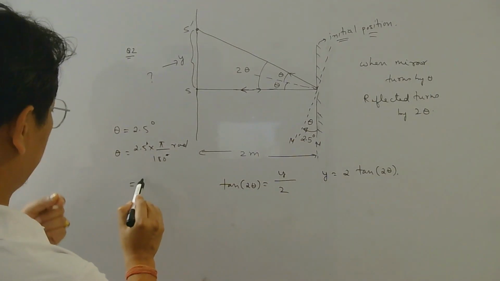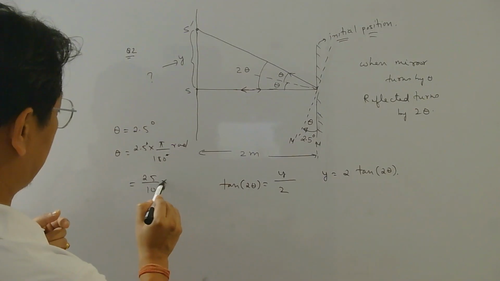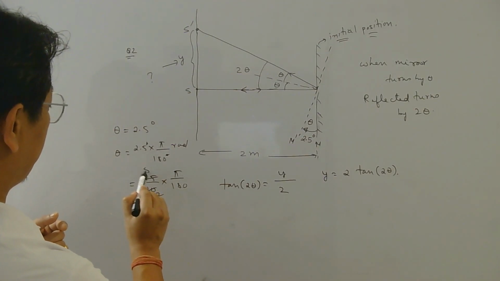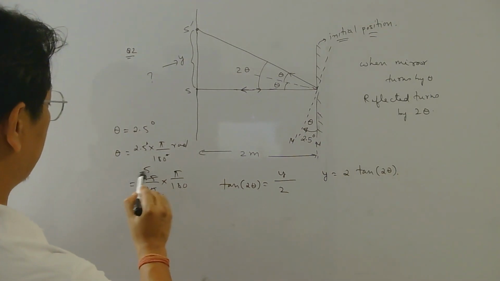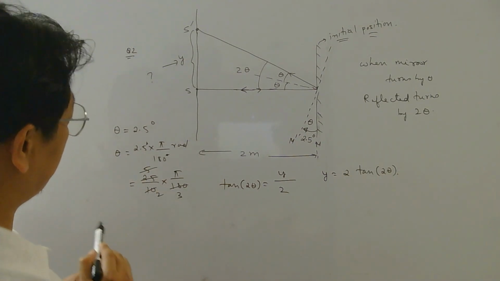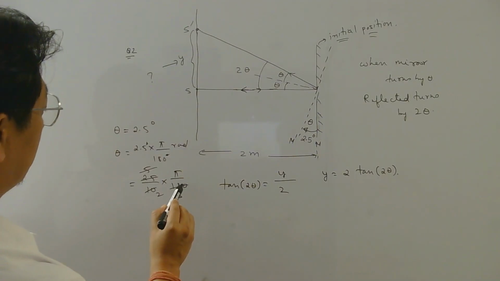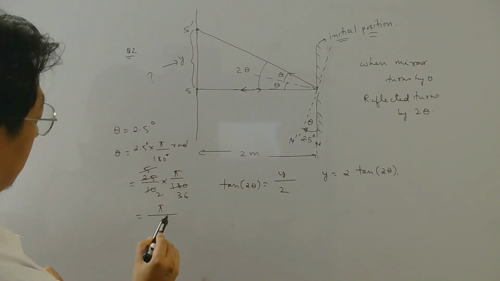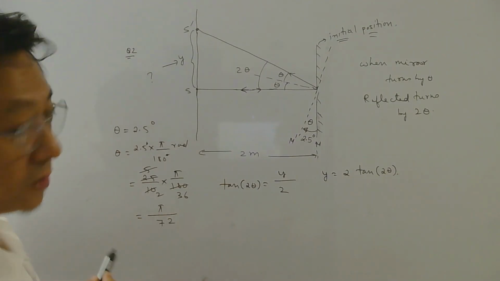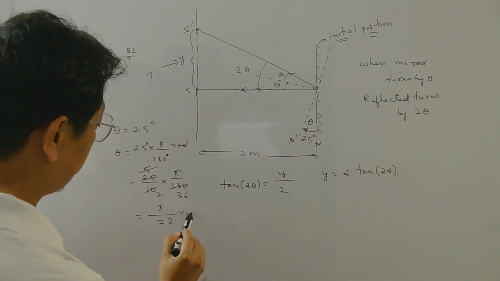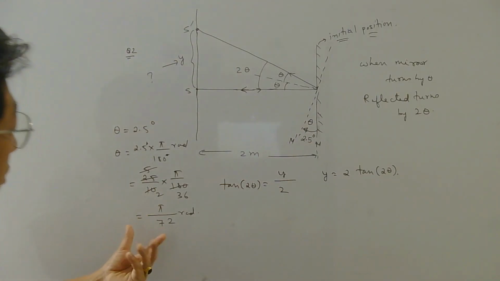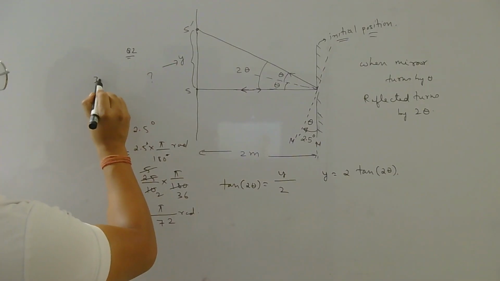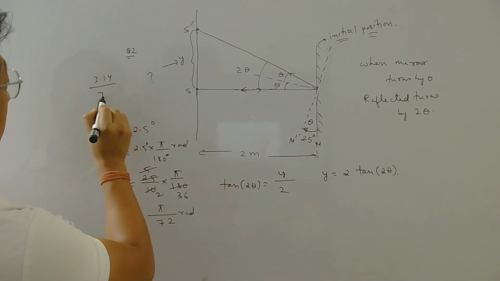So that will be how much? 25 by 10 into pi by 180. 5 2s are 10, 5 36s are 180, so this will be pi by 72, isn't it? So this much radian, and this is quite a small angle because pi value is 3.14, right? So this will be 3.14 divided by 72.